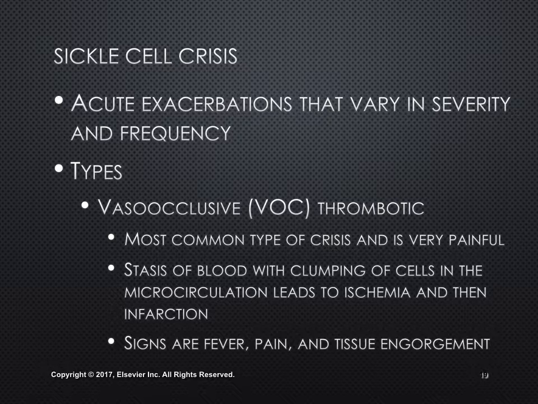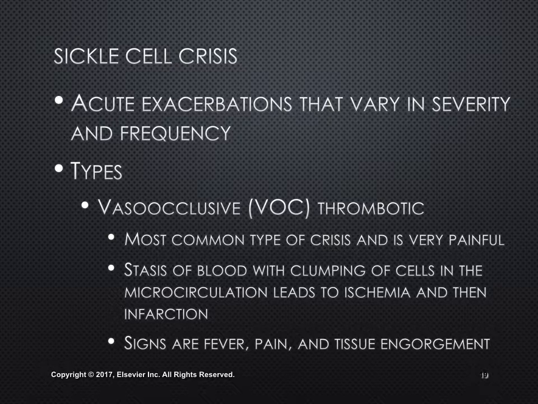And there's several different types. One is the vaso-occlusive thrombotic type, and it's the most common type of crisis. It's an extremely painful event for these kids, and in addition to needing to treat their sickle cell crisis, you also have to treat the pain that they're experiencing.